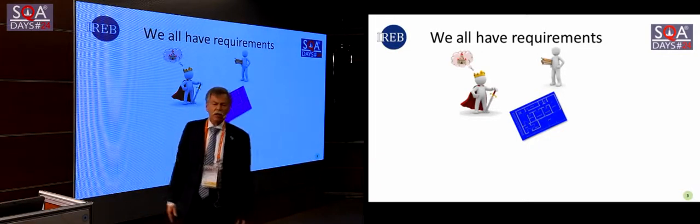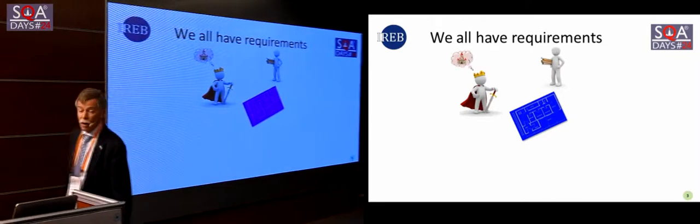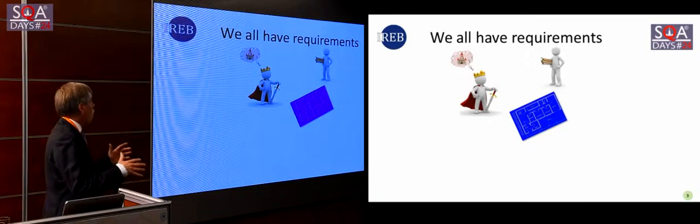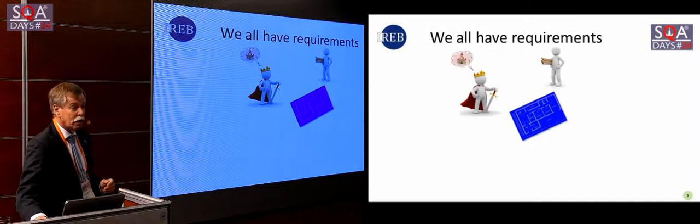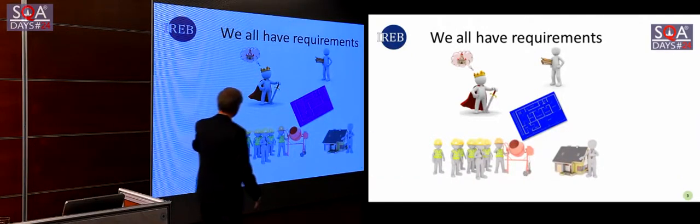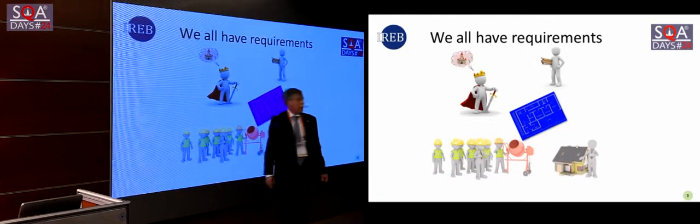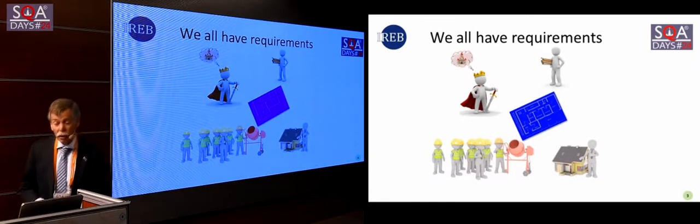Maybe in an agile team they are not documented, they're in between our eyes and ears, but still, we as a team must know what we are supposed to build, what we are supposed to deliver. Then we have some development team who starts building things, and at the end, we are proud to deliver something to the customer.